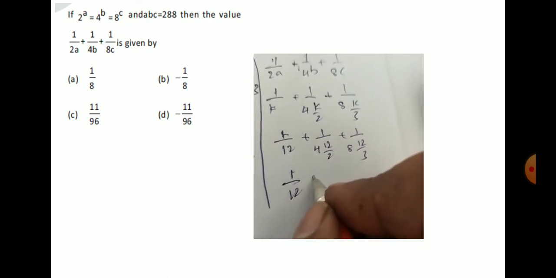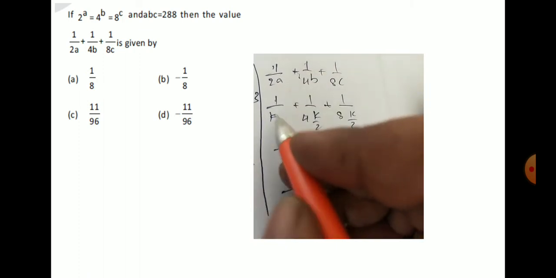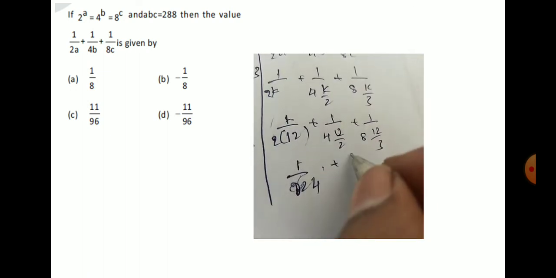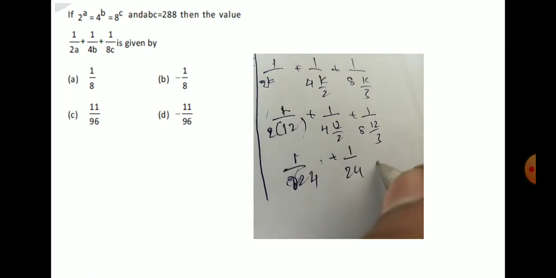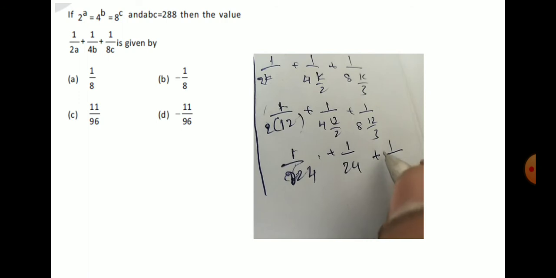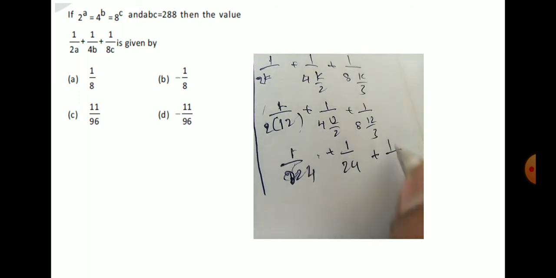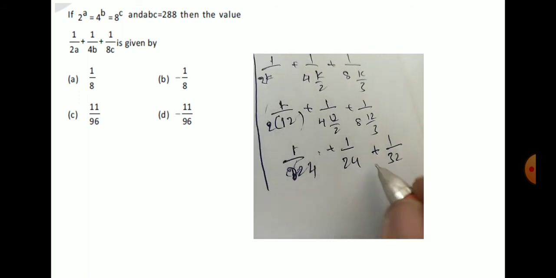This is nothing but 1 by 2a, that is 2 into 12, which is 24. Plus 1 by 2 into 4 is 8, so 1 over 24 plus 1 over 8 into 4, that is 32. I'll take the LCM here.